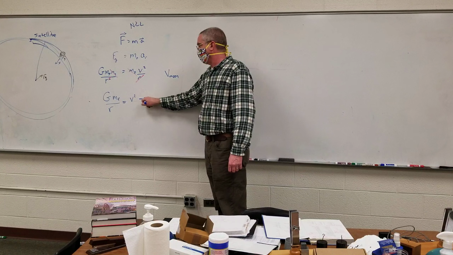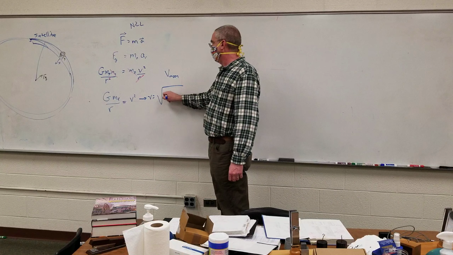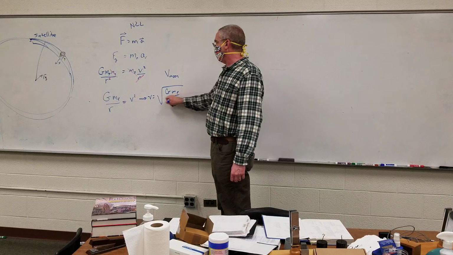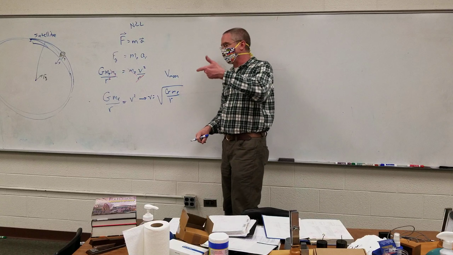Well, for v, it would be the square root of G mass of planet over that orbital radius.